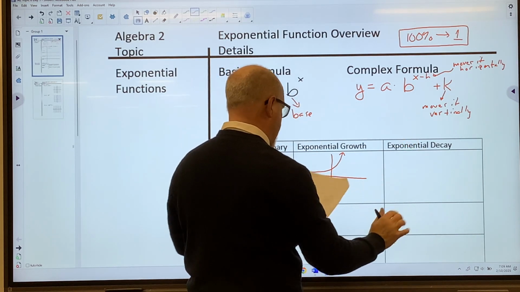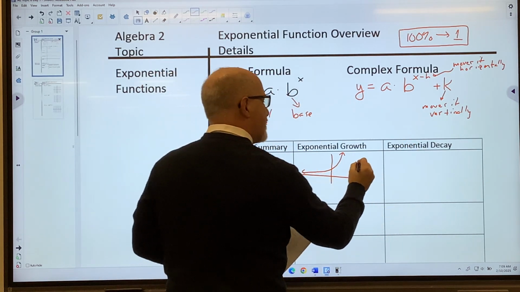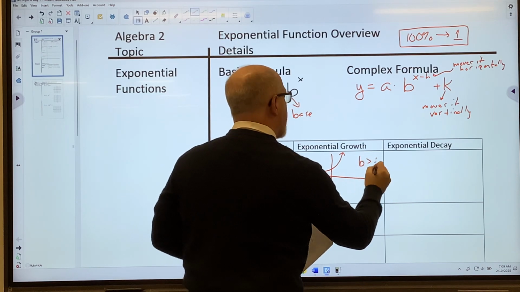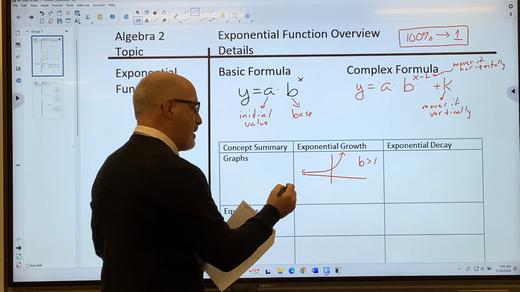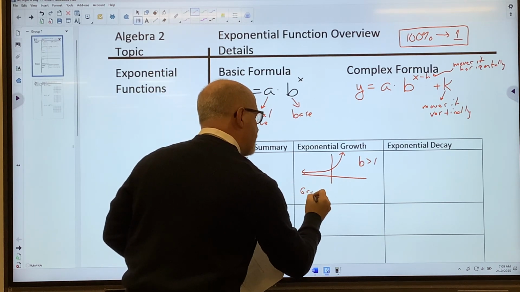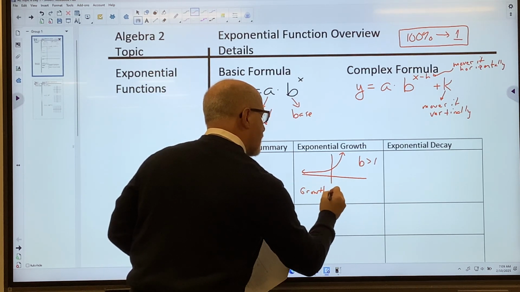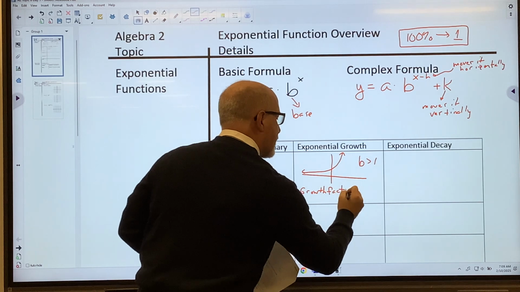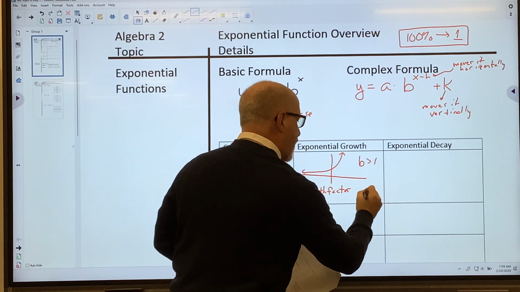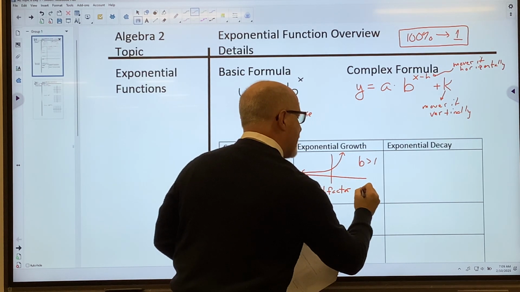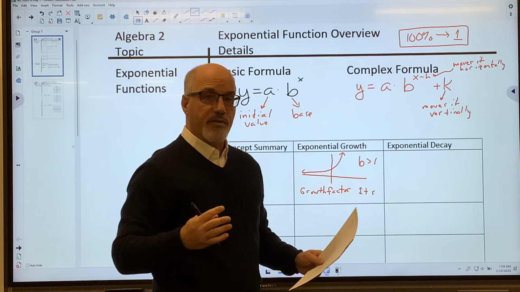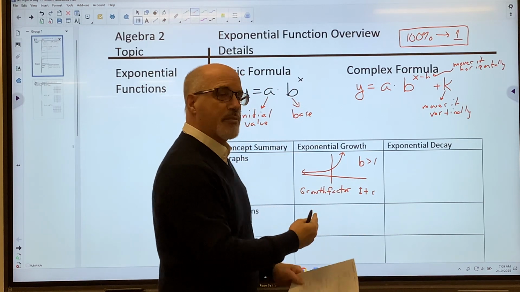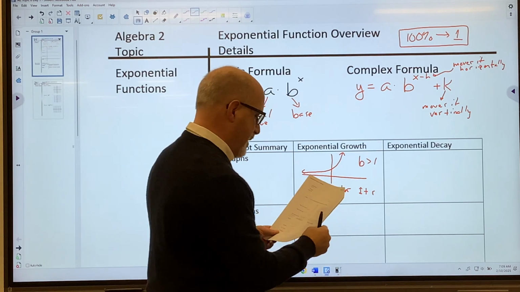This would be if b is greater than 1, more than 100%. So our growth factor would be 1 plus r, r being the rate. If you have, for instance, a rate of growth of 6%, 1 plus 6% would be 1.06.